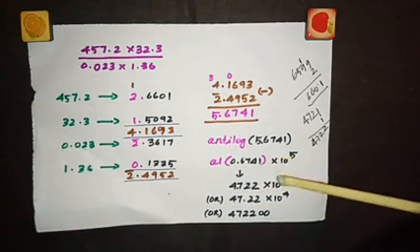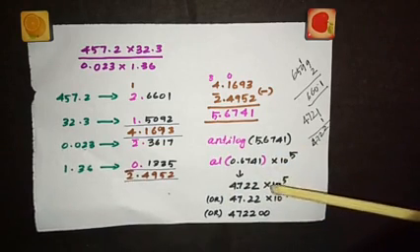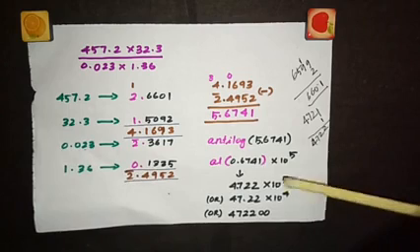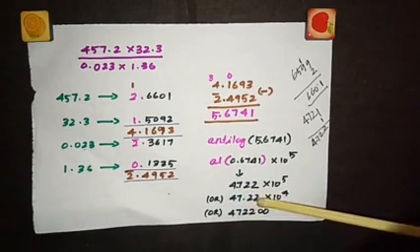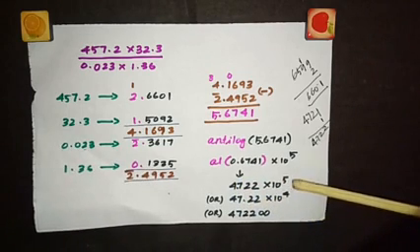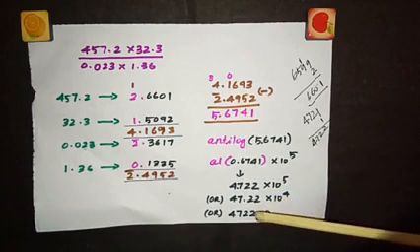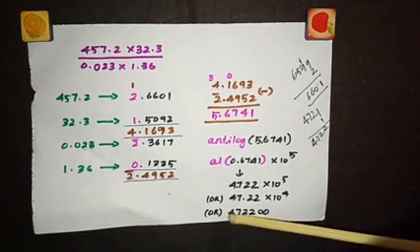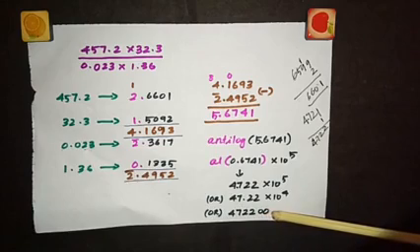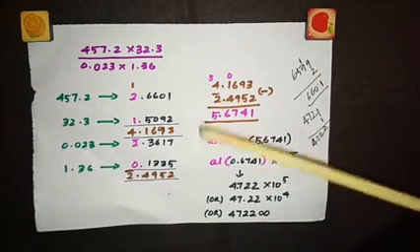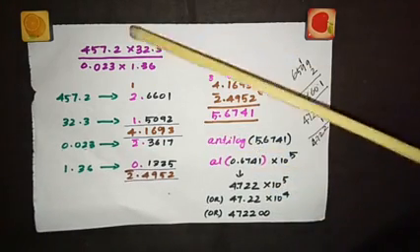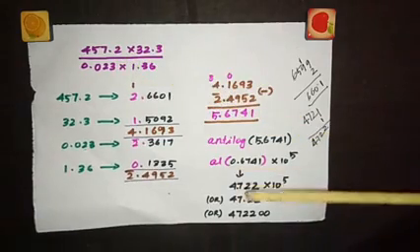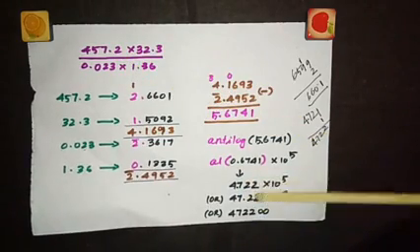So here you can write into 10 to the power 5. Or if you want to write into the power of 4, you have to move the decimal: 47.22 into 10 to the power 4. If you don't want to write any of the zeros, you just want to write the values, then the answer is 472200. So this is how you have to take the anti-log. So the answer for this calculation is this, this or this. All the three are same.